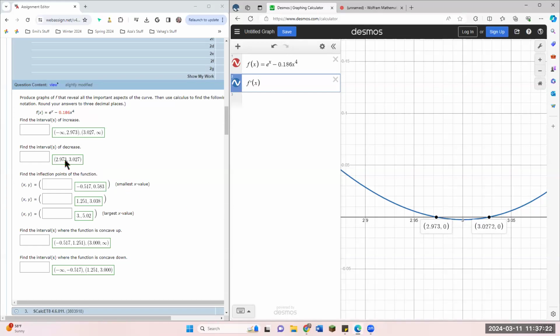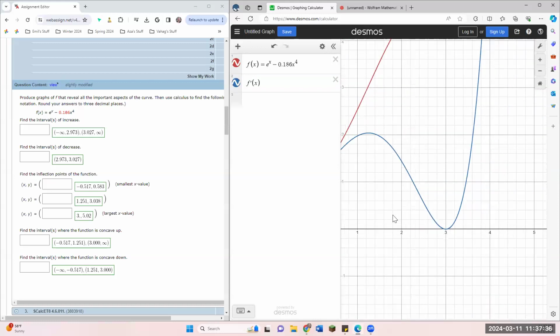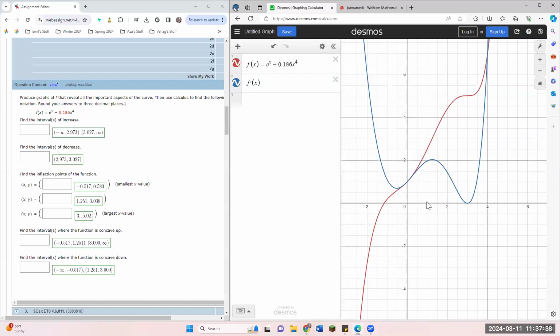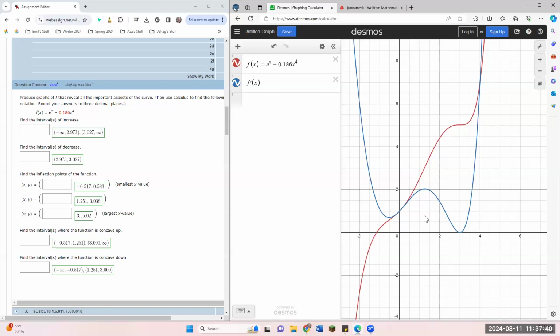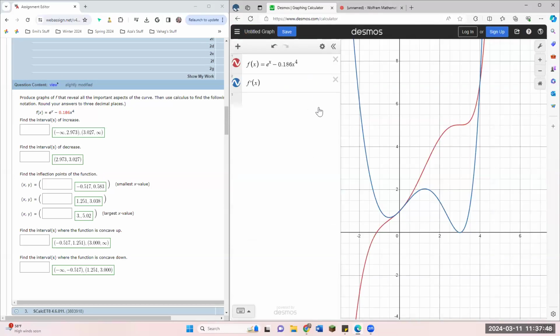The function is decreasing on this interval and increasing on the other two intervals, to the left of this point and to the right of that point. So this illustrates that Desmos by itself may be misleading, and we still want to use calculus to find the intervals of increasing and decreasing.